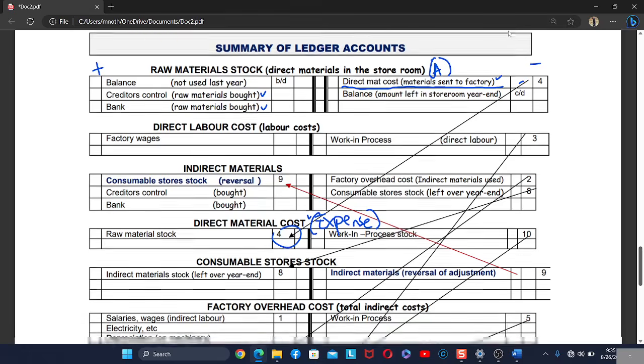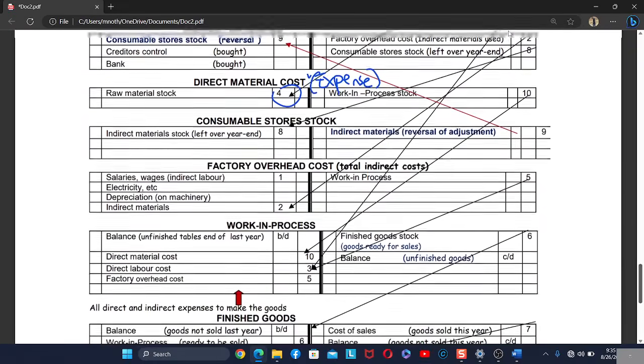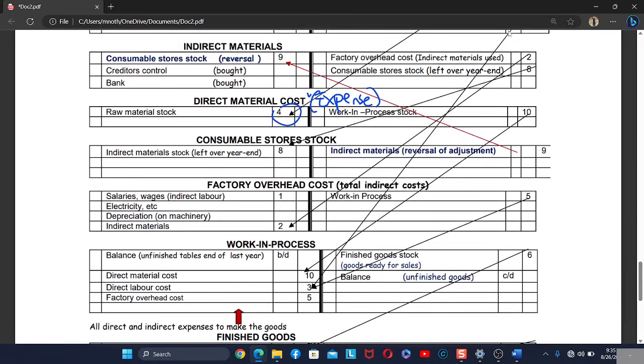Where is the work in progress? Right here. So we transfer this from the direct material cost to the work in progress on the debit side. Obviously the work in process is an asset, so therefore it increases on the debit side. Okay.